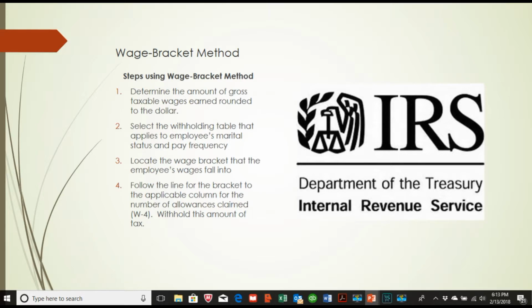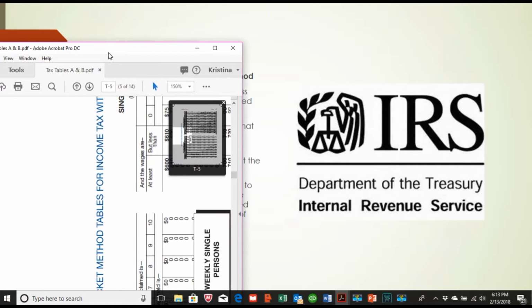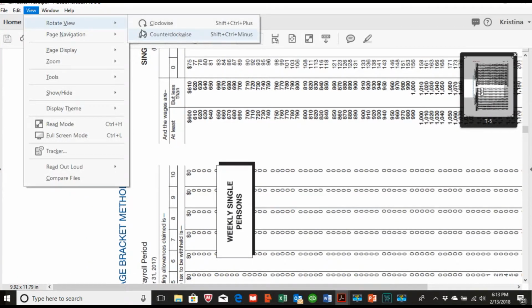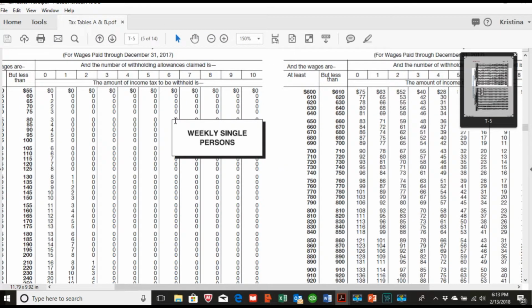Because as I bring up the wage bracket table here real quick for you, let me make it readable. So here's the table. Let's flip that view. And it's at 150%, but you notice that it stops at 10. If for some reason they happen to claim over 10 allowances, we can approach this one of two ways.